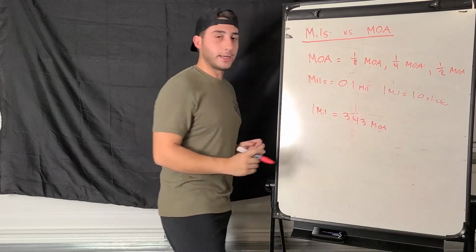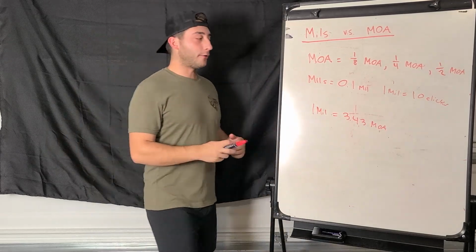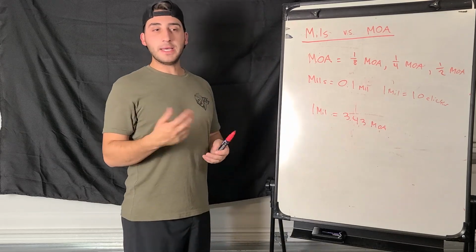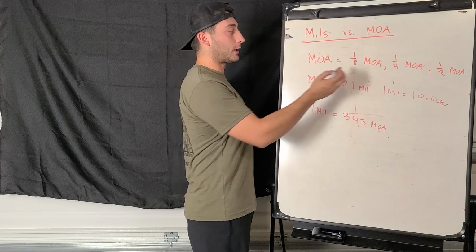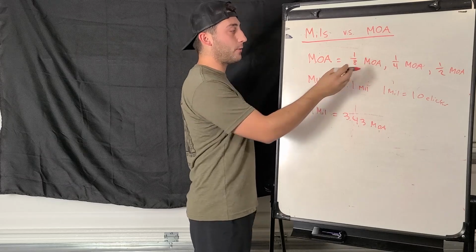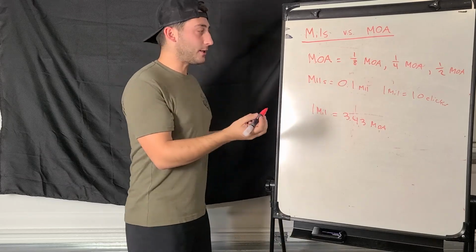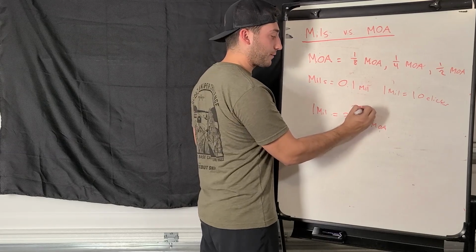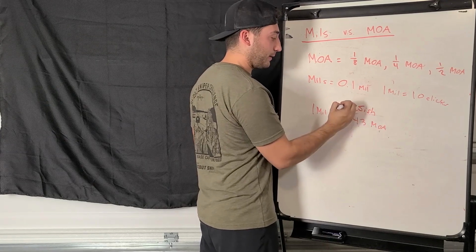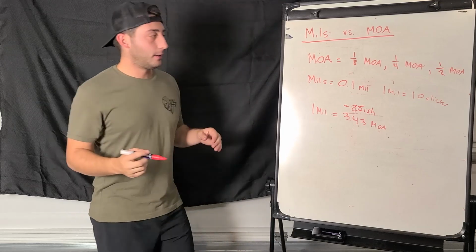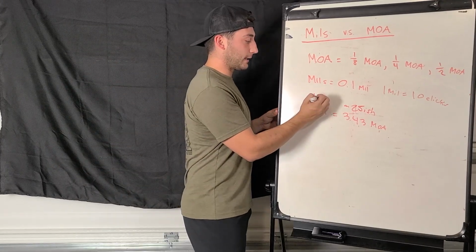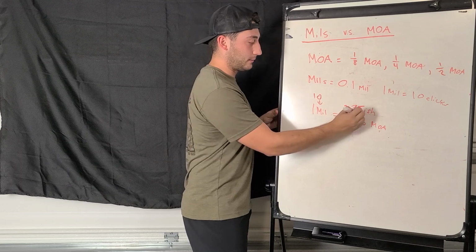All right, so about 3.5. So you can fit 3.5 MOA into a mil. So if you can have 1/8 of an MOA adjustments, that means that you have about 25-ish, don't quote me on it, I'm not good at arithmetic on the fly, 25-ish clicks to 10 clicks per mil.